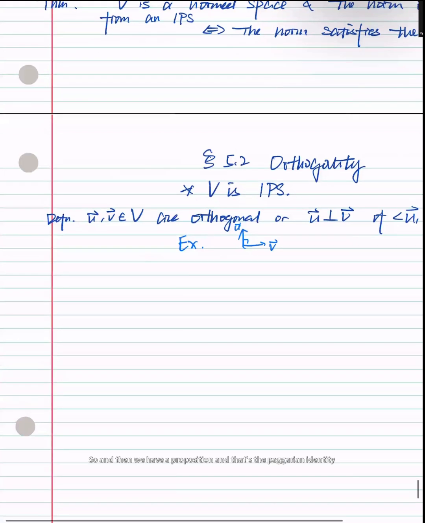Okay, and then we have a proposition, and that's the Pythagorean identity.